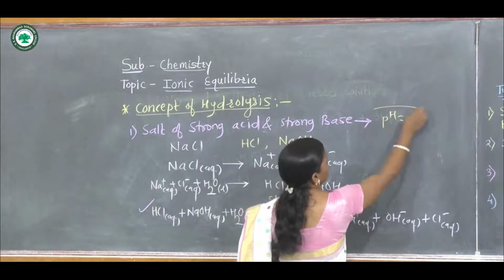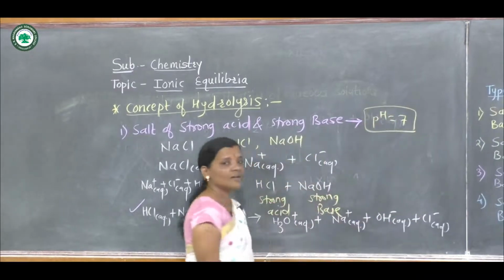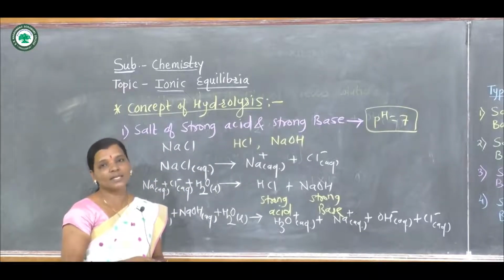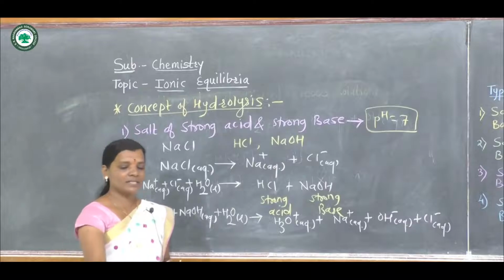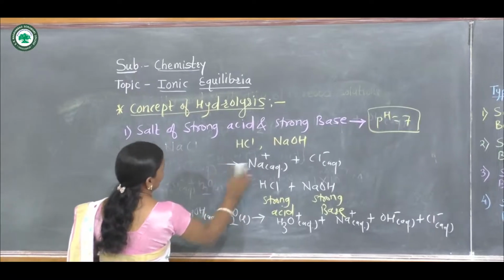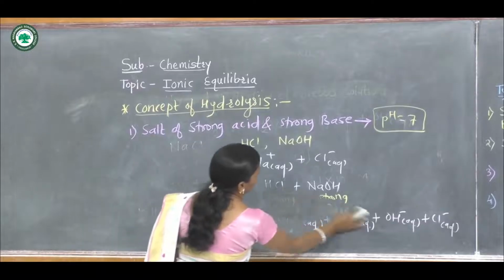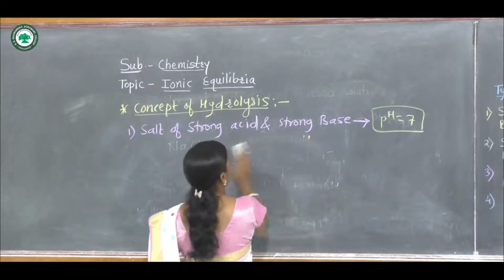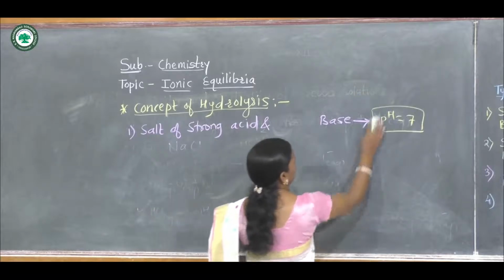That is found to be 7, or we can say that salts of strong acids and strong bases are neutral in nature. Now let us see the second type of salt, that is salt of strong acid and weak base.